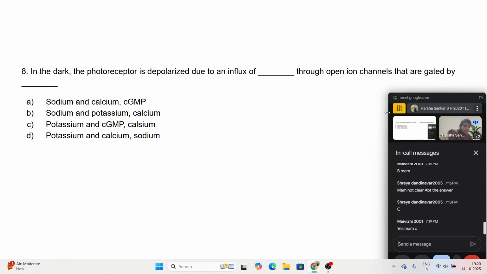What are the ions that are influxing during dark vision, and what are the gatekeepers? Option A, sodium and calcium, gatekeeper is cGMP. Option B, sodium and potassium, gatekeeper is calcium. Option C, potassium and cGMP, calcium. Option D, potassium and calcium, sodium. What is the correct answer from the options?